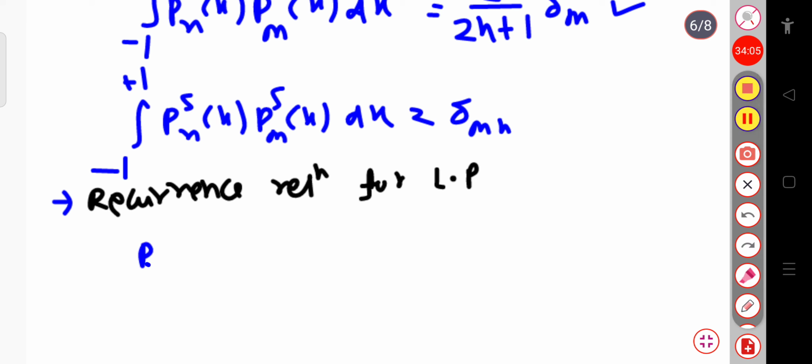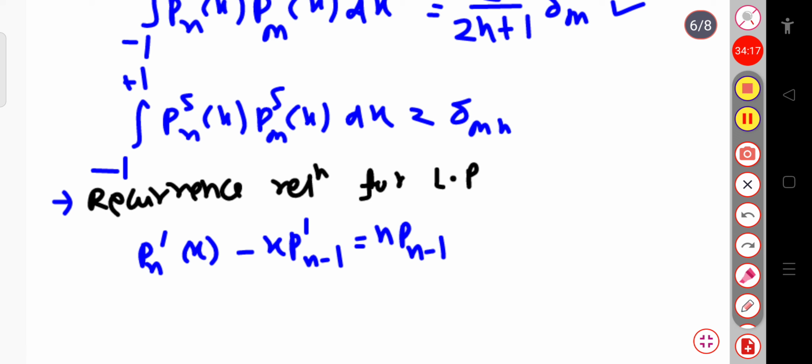So Pn prime of x minus x into P prime n minus 1 equal to n into Pn minus 1, and x square minus 1 whole into Pn prime equal to n into (x Pn minus Pn minus 1).